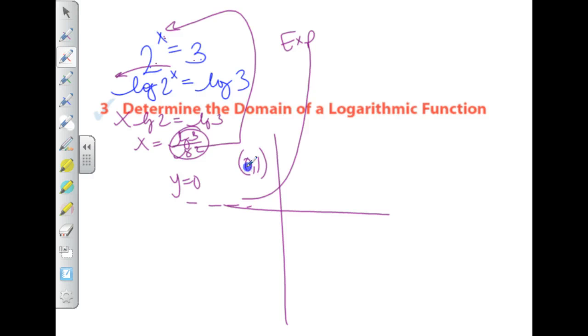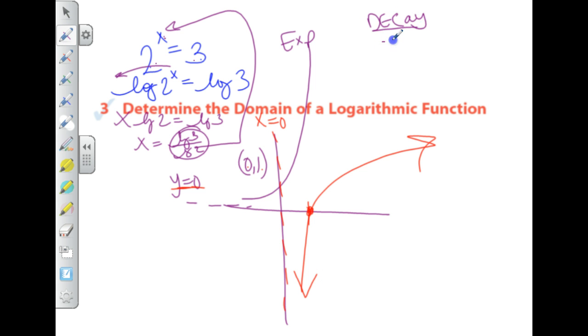So the inverse of 0, 1 is 1, 0. Your first look at this. The inverse of y equals 0 is x equals 0. So instead of a horizontal, we have a vertical. They're inverses. And the same 3 factors that cause decay for exponents, which are a negative x, a negative a, and a b value between 0 and 1, those 3 decaying factors are the same 3 decaying factors for your log function.